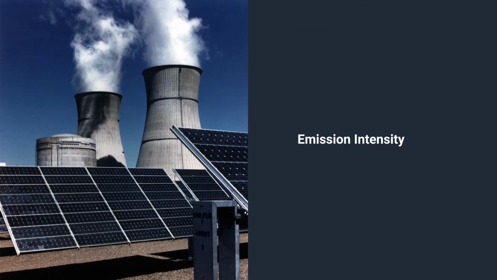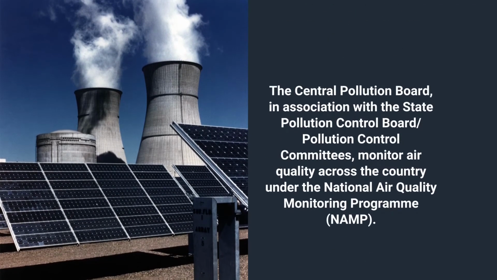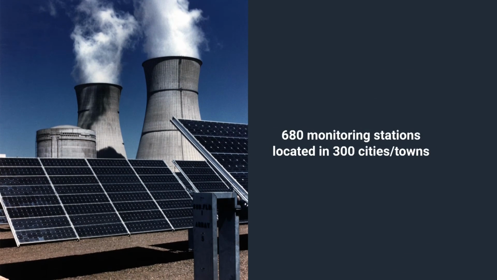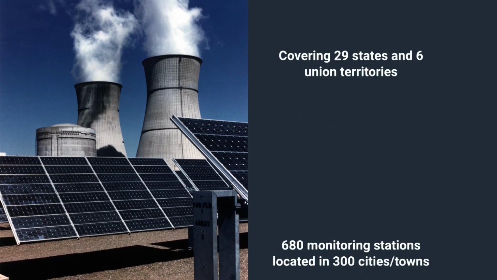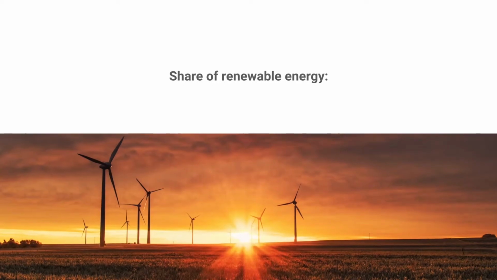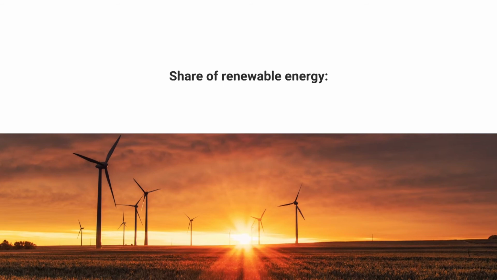To control the emission intensity, the Central Pollution Control Board, in association with the State Pollution Control Boards or pollution control committees, monitors air quality across the country under the National Air Quality Monitoring Program. This NAMP network has 680 monitoring stations, located in 300 cities or towns covering 29 states and 6 union territories.